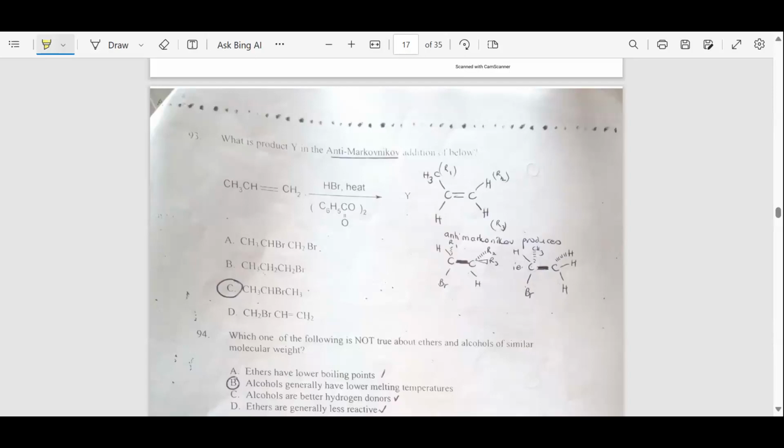Okay. Based on that, I've drawn the structure. So C would be for Markovnikov.